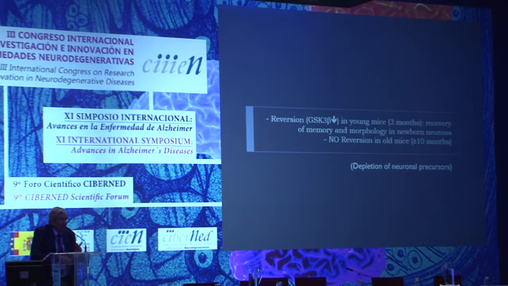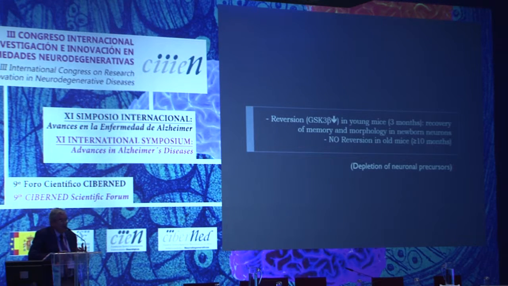Since we have a conditional mouse and can express it up or down when we like, we can try to know what happens when we decrease this overexpression of GSK3, as when using an inhibitor. We have reversion, a recovery of the memory of the mouse when it is young, but we were unable to recover the memory when it's very old.